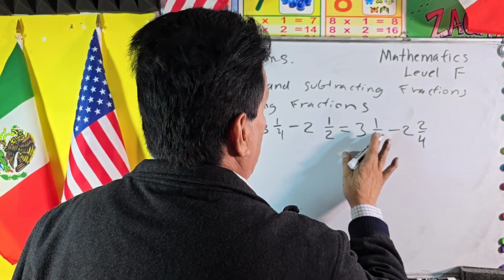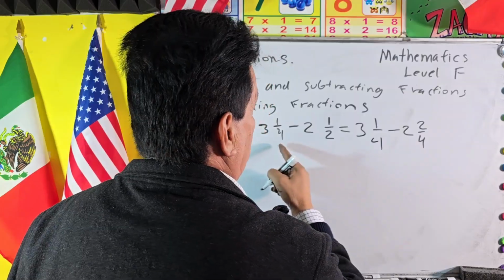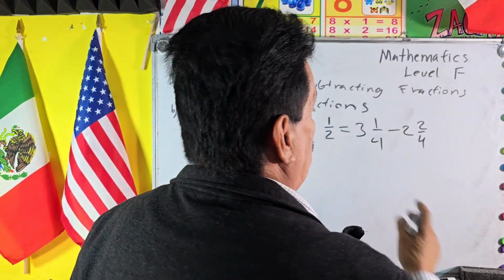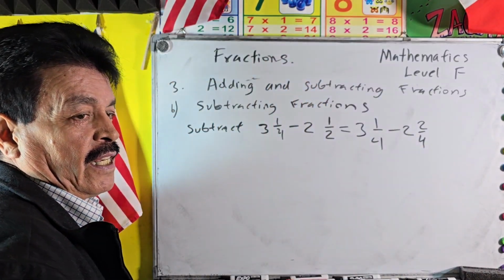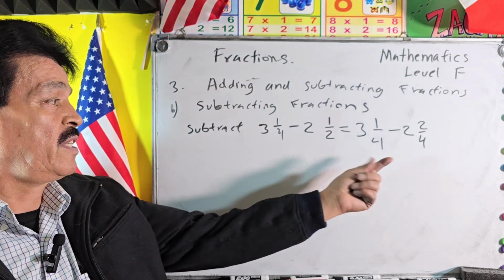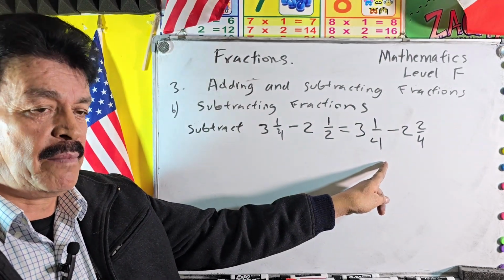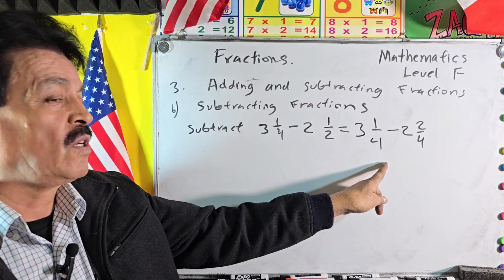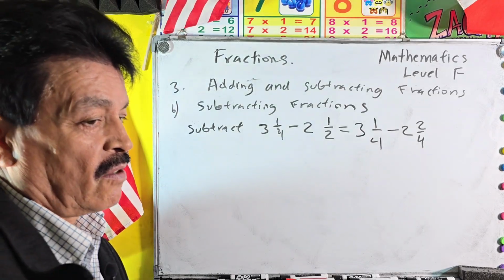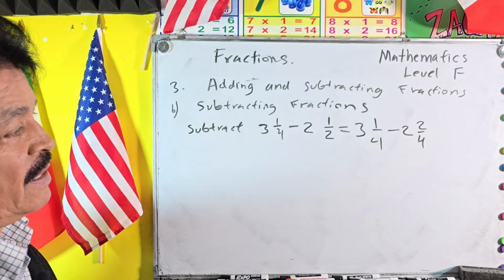No, I made a mistake. The first one is 3/4. Okay, so now we have all fourths right there. Easy to subtract, because you have the same denominator. It's very, very simple.